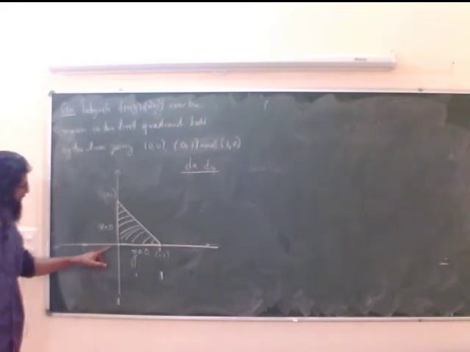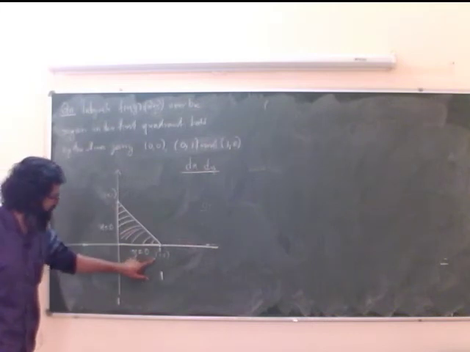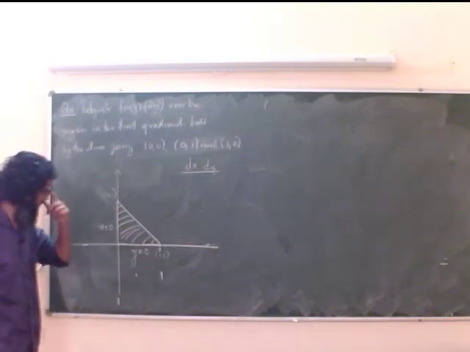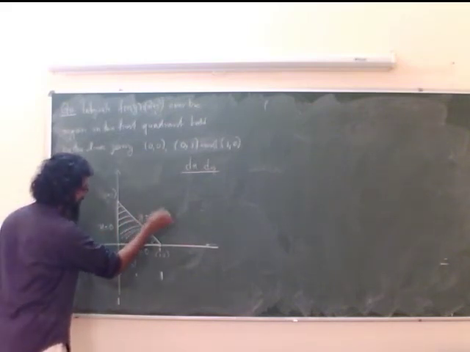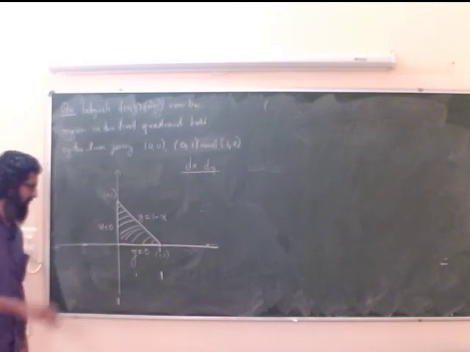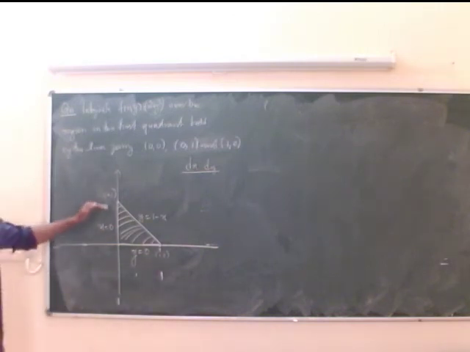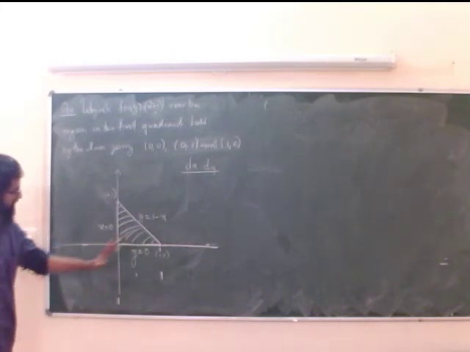This is a line joining (0,1) and (1,0). You know the two-point form for a straight line joining two points. So this is the line y is equal to 1 minus x, or x is equal to 1 minus y, whatever it is, no problem.